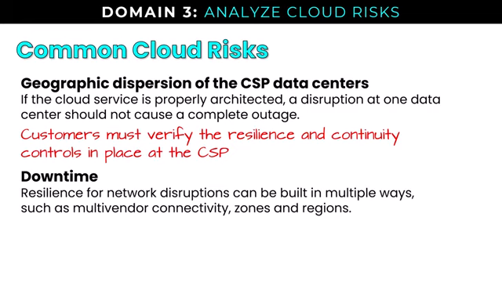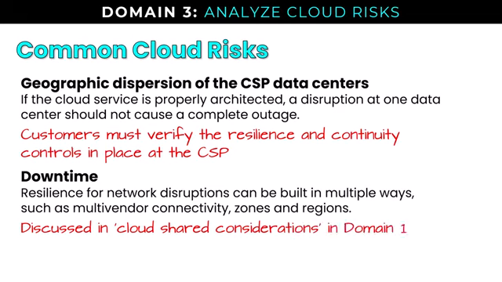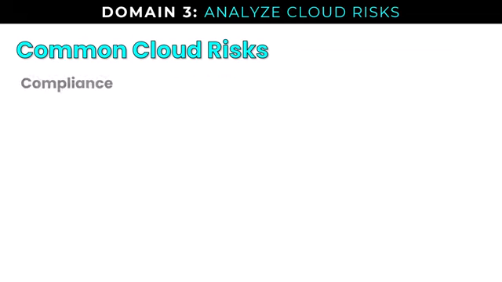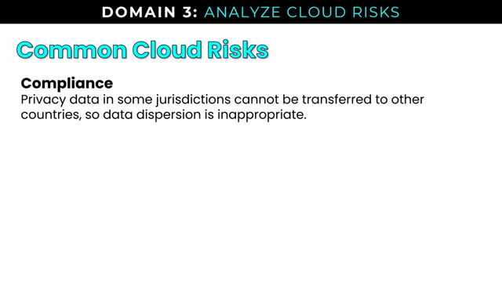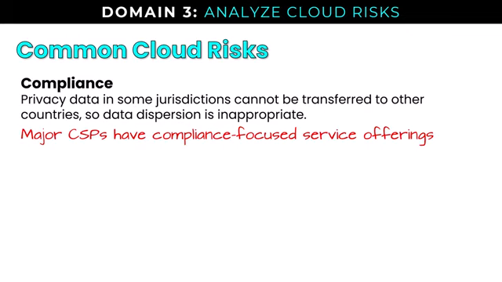We discussed these earlier in this session, as well as in cloud shared considerations in Domain 1. Compliance. Compliance data in some jurisdictions cannot be transferred to other countries, so data dispersion is inappropriate. Now, your major CSPs have compliance-focused service offerings, so you'll have some mitigations enabling you to control data residency.